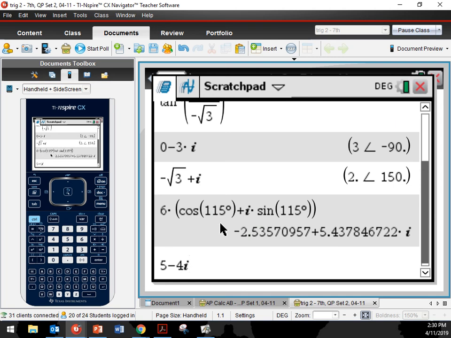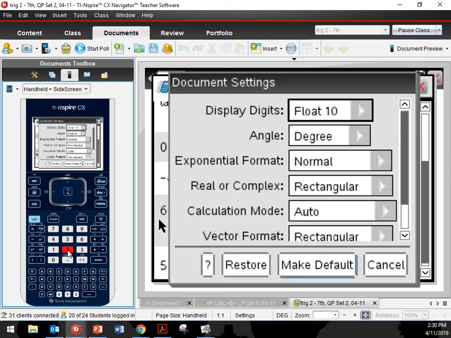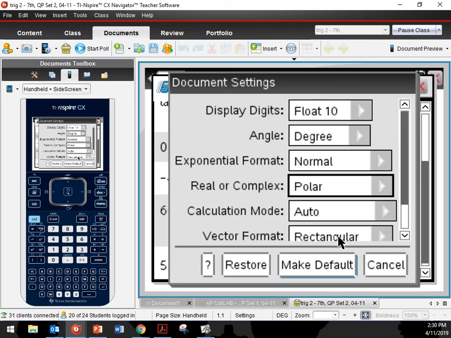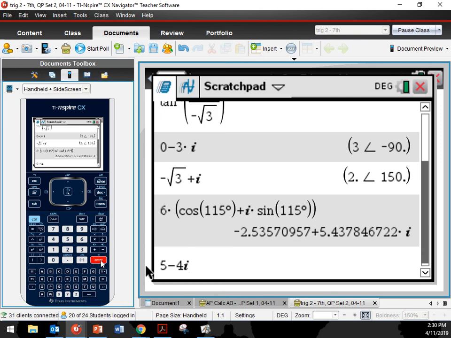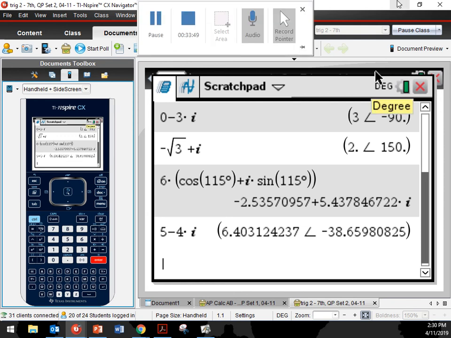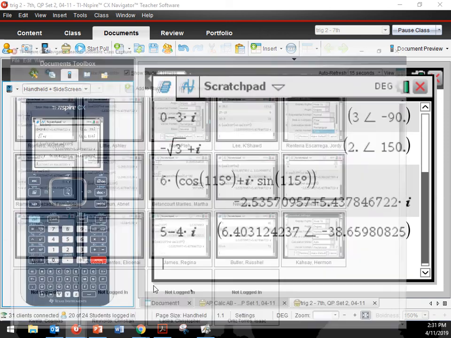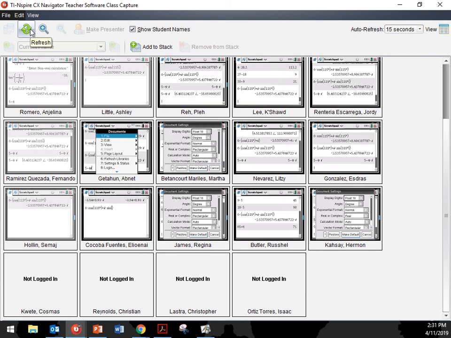If I'm starting in rectangular and I want polar, change to polar, make default. Hit enter. Let me see everyone change it right now.